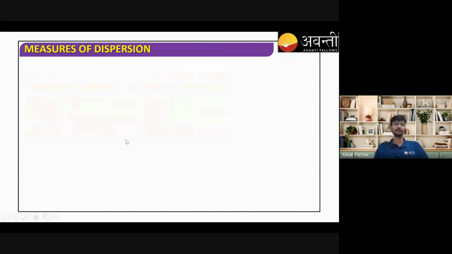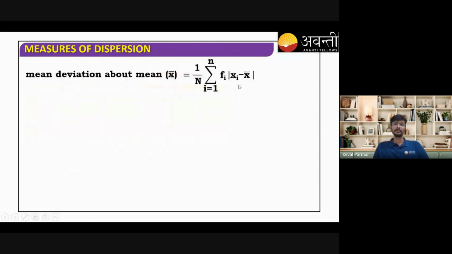So let's see mean deviation about mean. The formula remains the same: summation fi into this. Just here fi came. Why did fi come? Because that particular data is occurring multiple times.